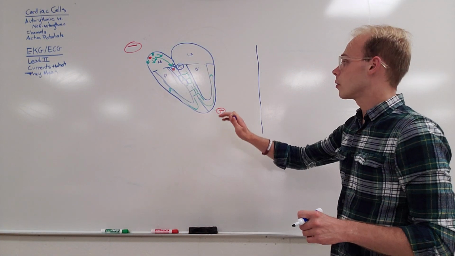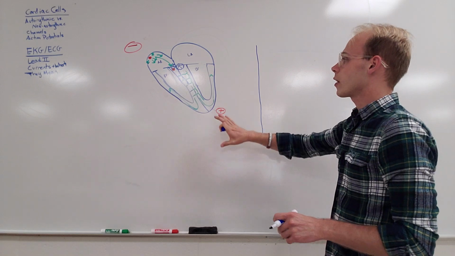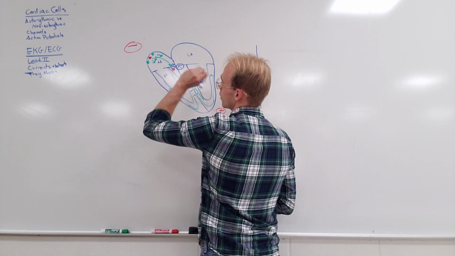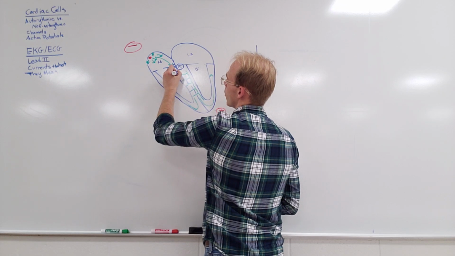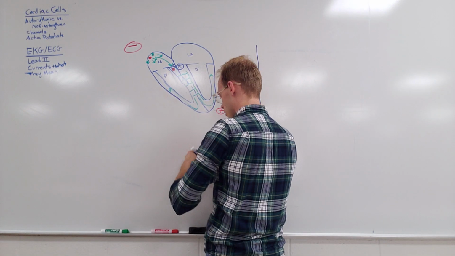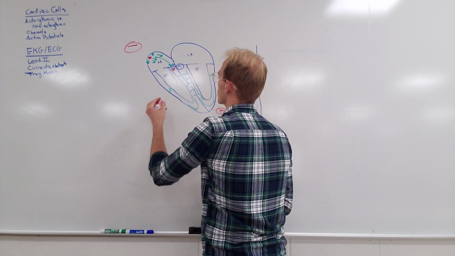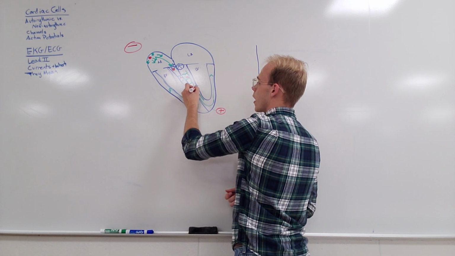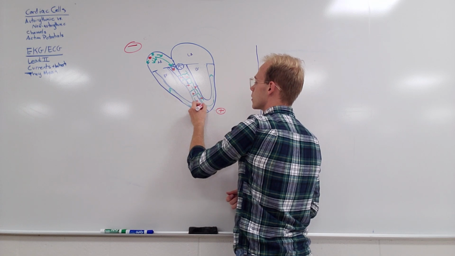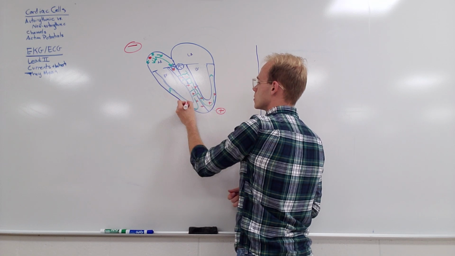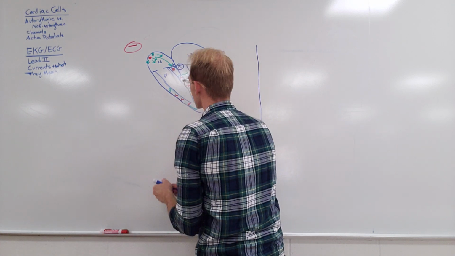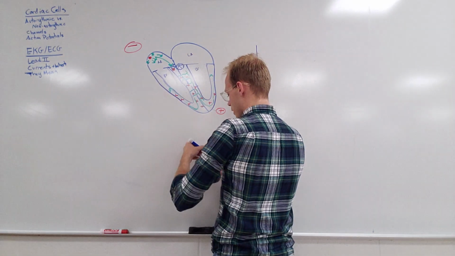Okay, so now we're going to talk about how that works in the heart. So I'm going to start using green arrows. So on the outside, actually I'm going to use red because we can see the red super well. So all out here, we've got a bunch of positive charges outside each of these cells. And as the SA node sends its signal, it starts to depolarize everything over here.